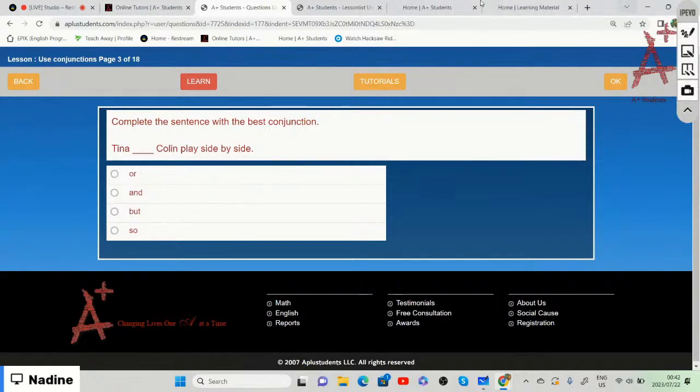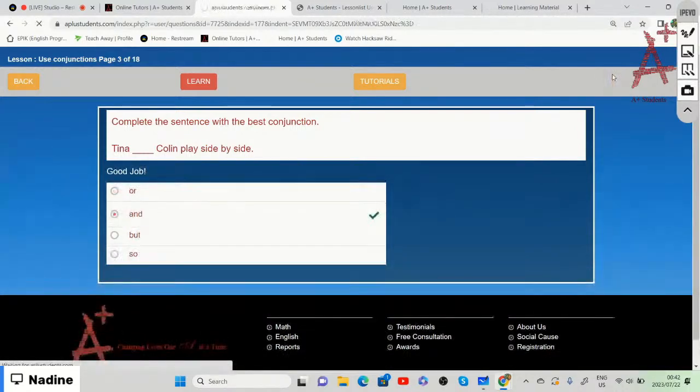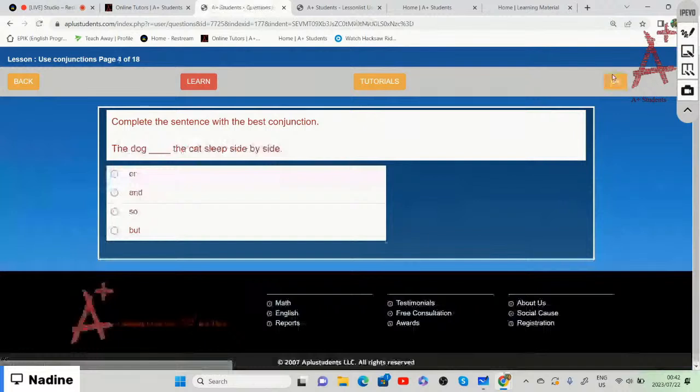All right, so we can say Tina and Colin, they play side by side, right? So they are basically playing together. They are playing side by side, which means it is Tina as well as Colin.